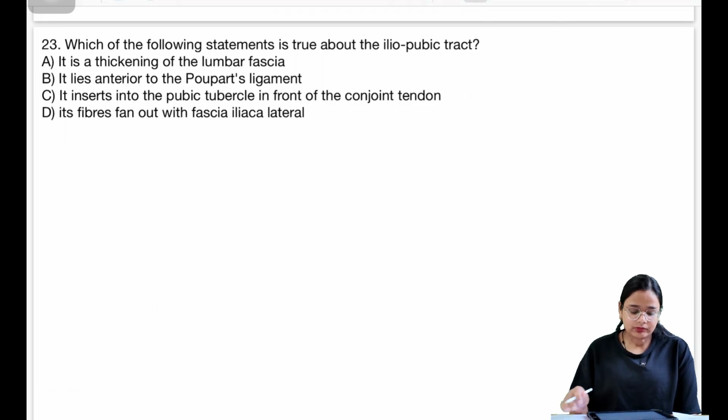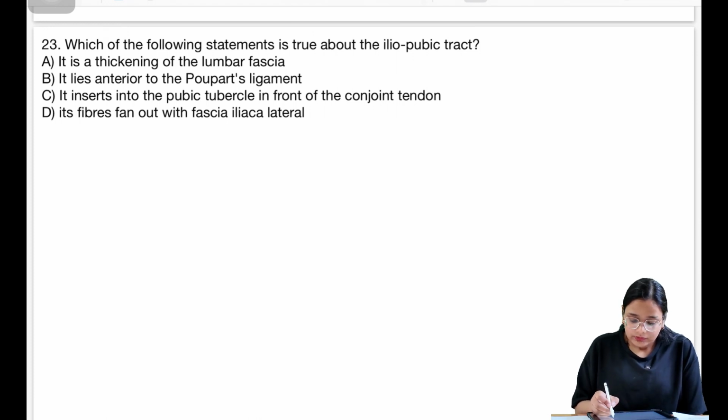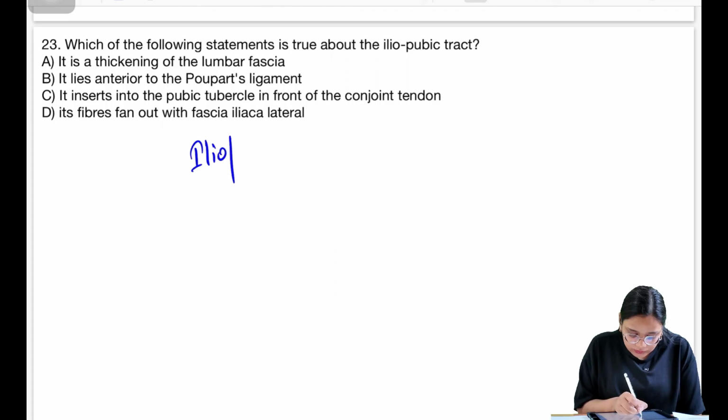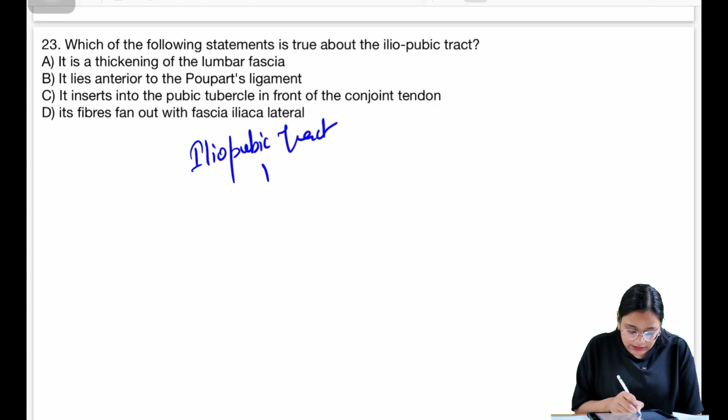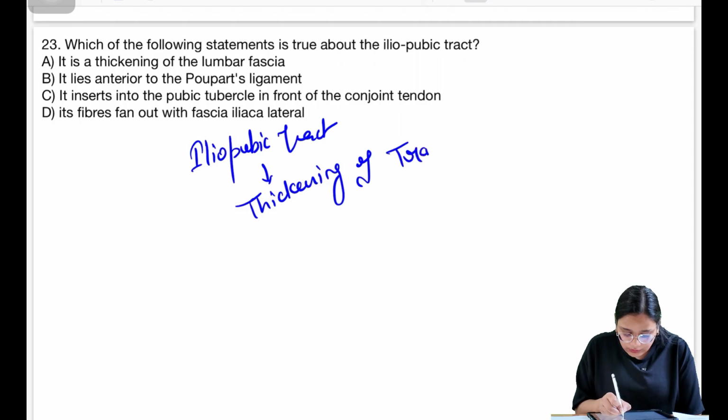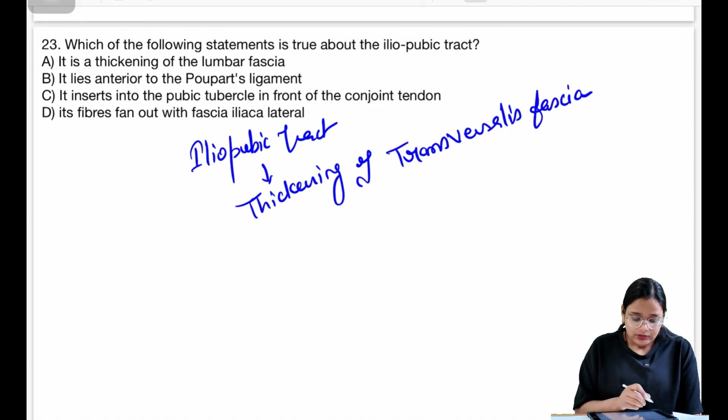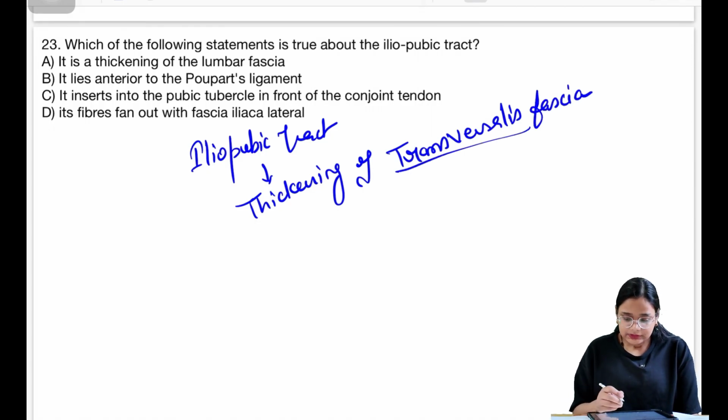23rd question, which of the following statements is true about the iliopubic tract? If you know the iliopubic tract, it is the thickening of transversalis fascia.